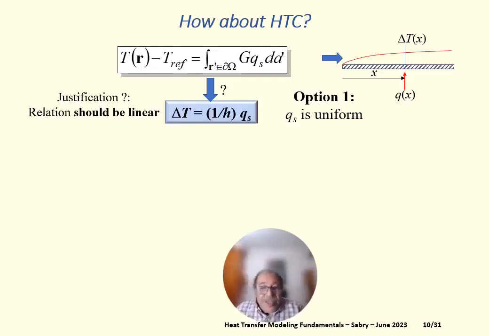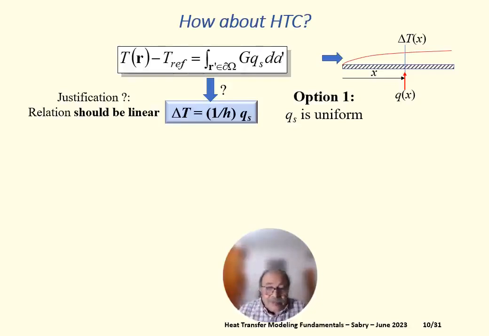We use them for anything, even if Q was not uniform, or even if the temperature difference was not uniform. And by the way, none of these cases exist in reality. In reality, it's very difficult to have uniform heat flux or uniform temperature. So we are using the wrong model almost every time.